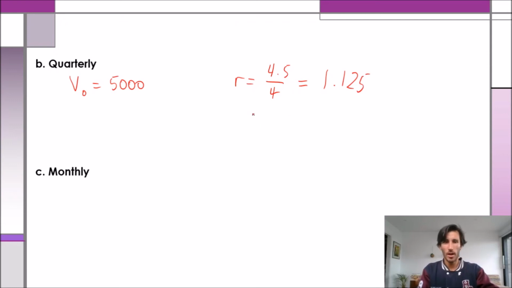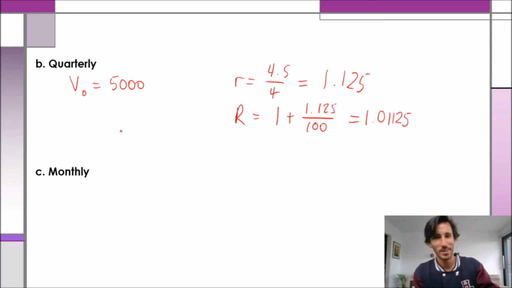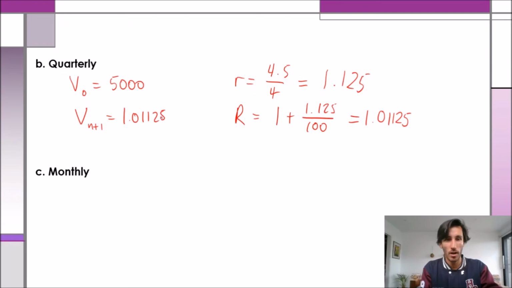Now, this means our capital R is equal to 1 plus 1.125 over 100, which is 1.01125. So Vn plus 1 equals 1.01125 times Vn. So keep in mind that our little r changes when we're looking at different compounding periods. So that's really important. For quarterly, we divide that by 4.